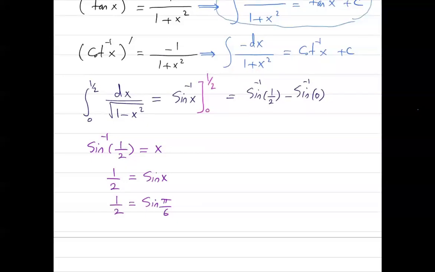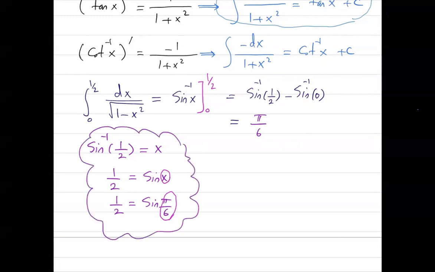So x is equal to π/6. So the very first one is π/6. This is the work from pre-calculus. Minus, what is the inverse sine of 0?